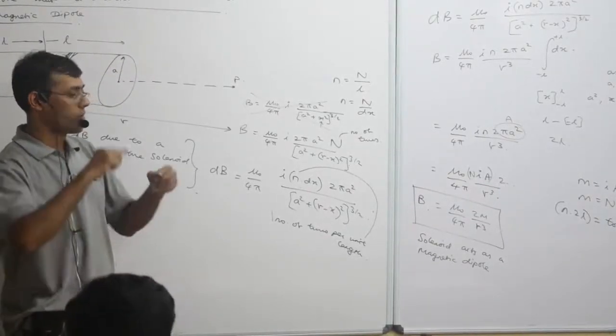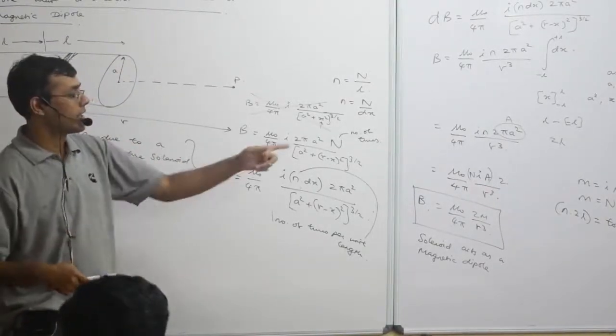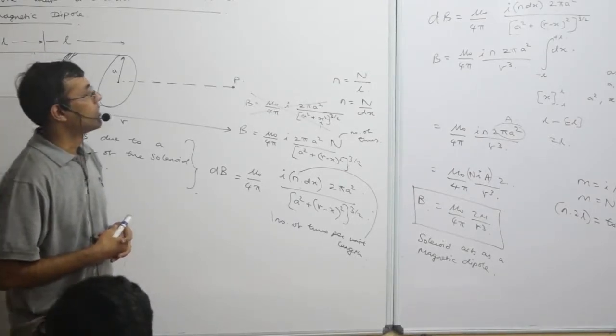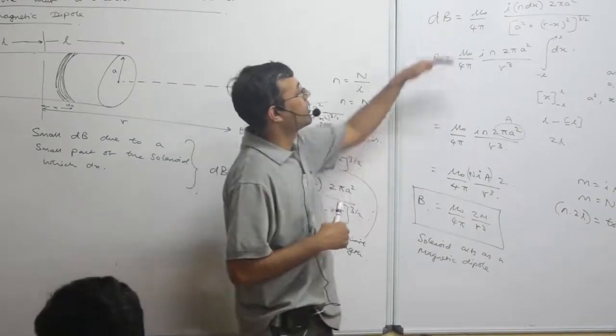The only thing is, since you have a lot of turns here, you are getting NIa instead of Ia. So the integration part may be slightly confusing.